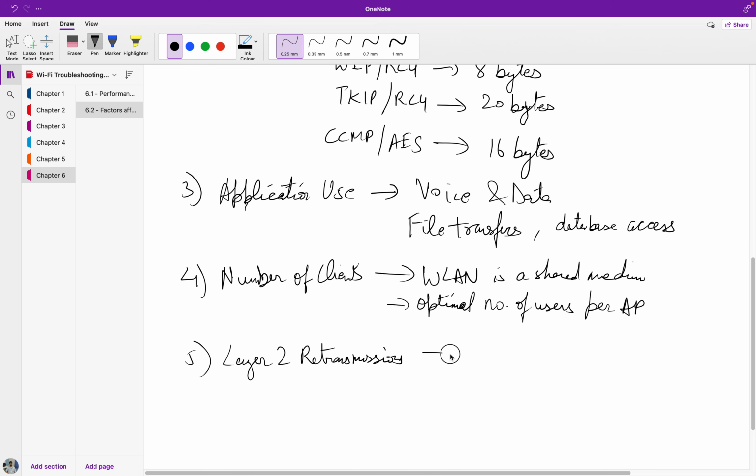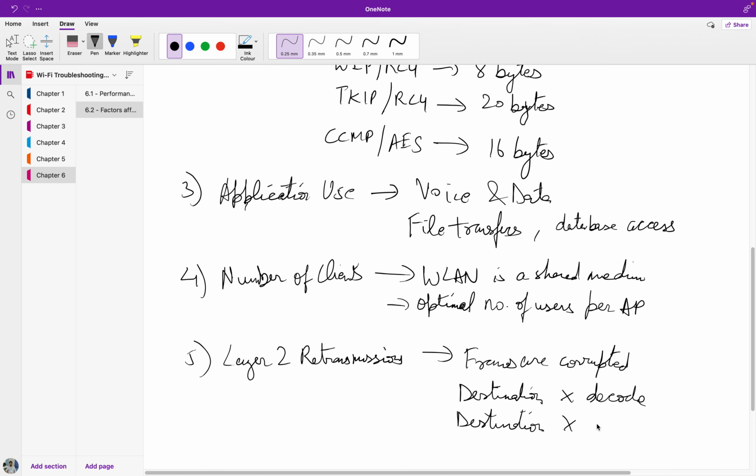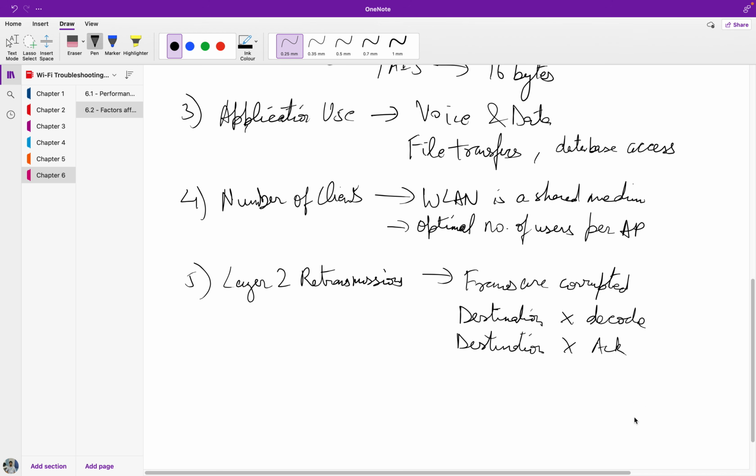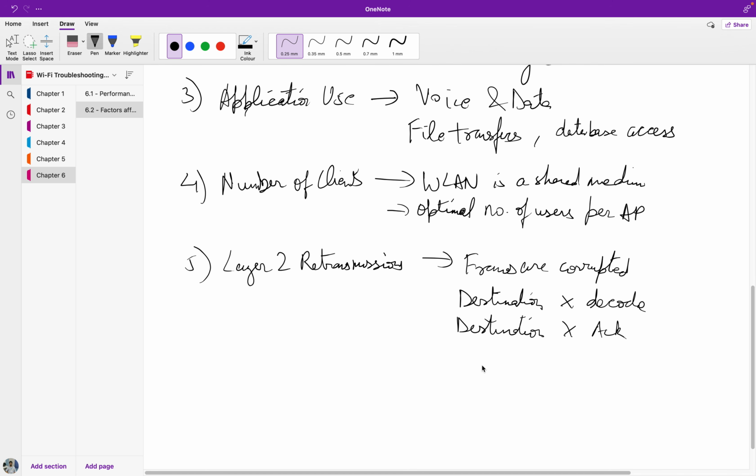We know that various problems can cause frames to get corrupted, and once the frames are corrupted, the destination cannot decode the frame, hence the destination will not send an ACK, and the source will think the frame is not delivered, and the source will have to retransmit that frame.